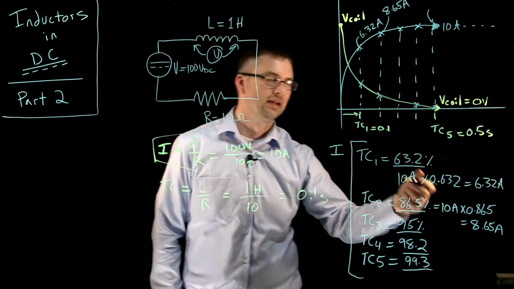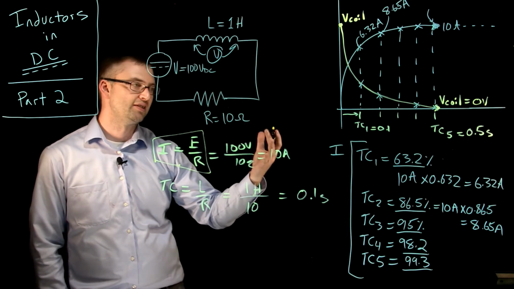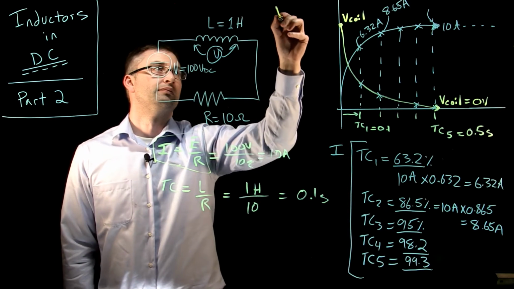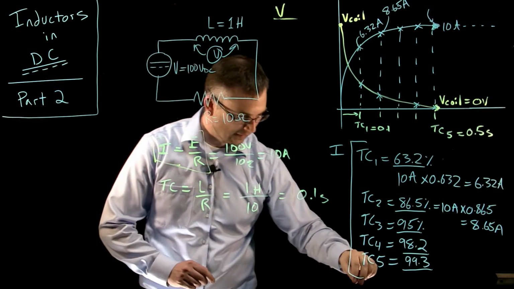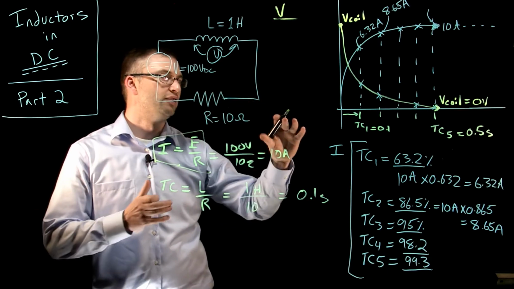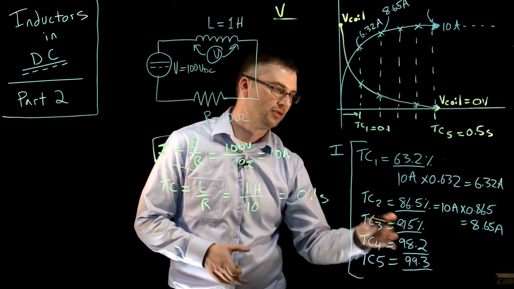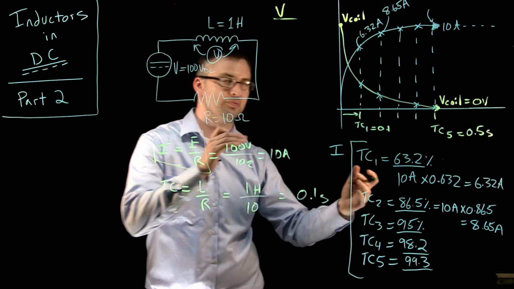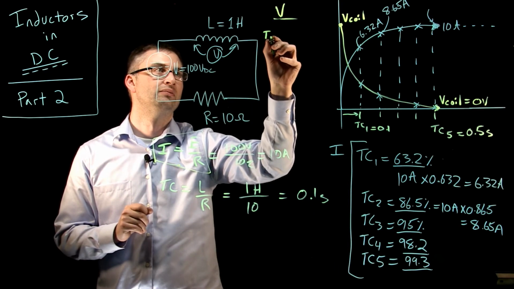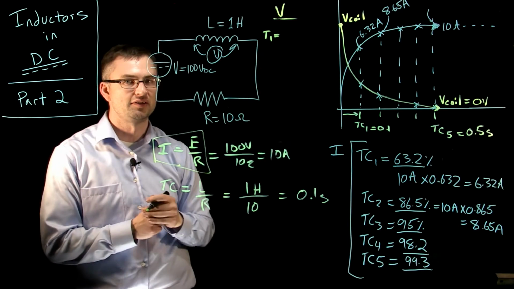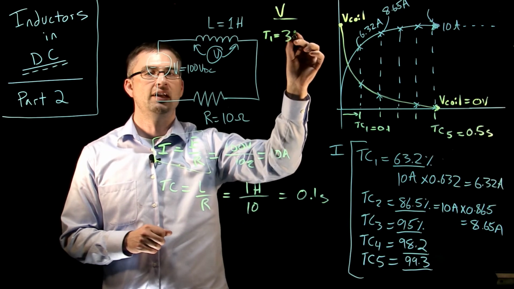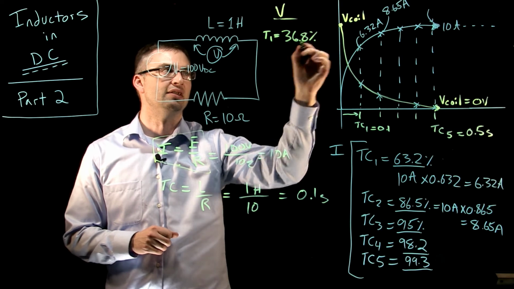So we would take our basically 63.2, write it up here, and we would sort of flip these percentages to indicate a drop from 100%. So at the first time constant, it would be 100 minus 63.2, and we'd be left with 36.8% of the voltage.